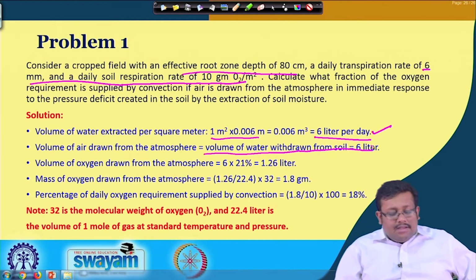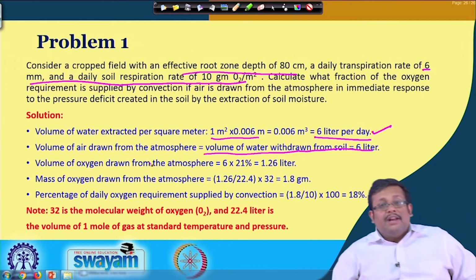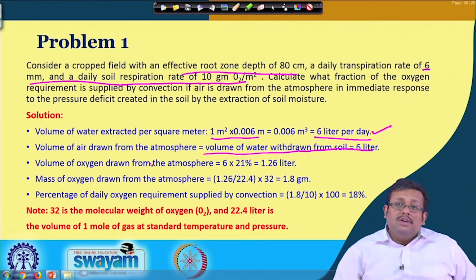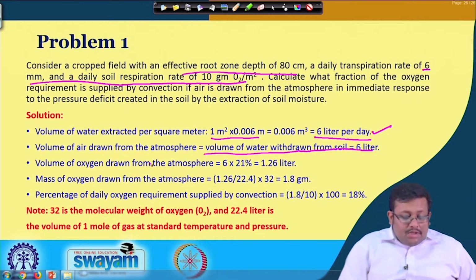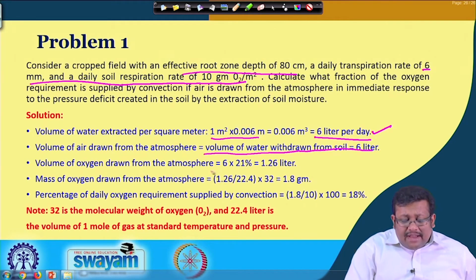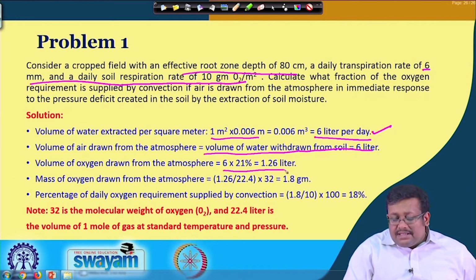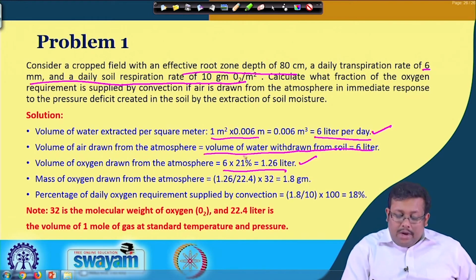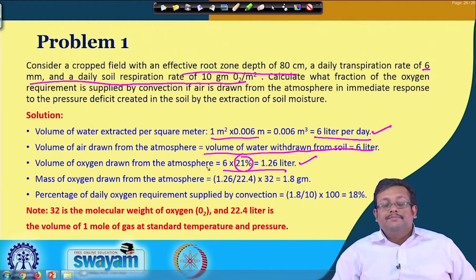So the volume of oxygen drawn from the atmosphere will be 6 multiplied by 21%, that is 1.26 liter, because we know in the atmosphere there is 21% of oxygen.